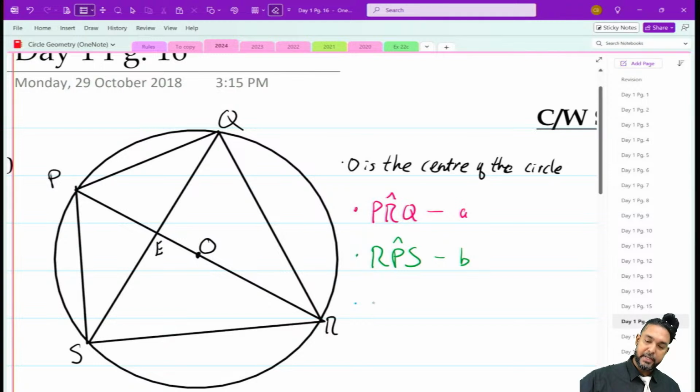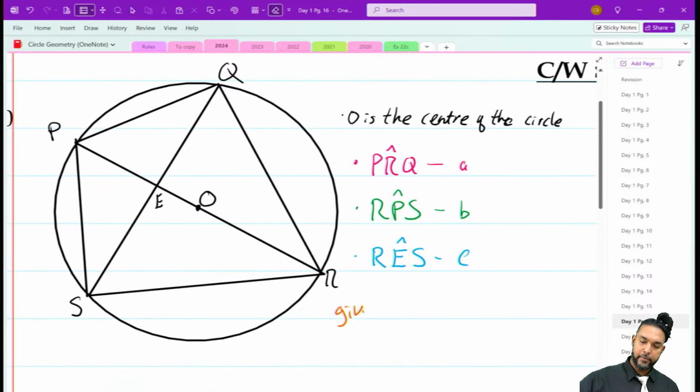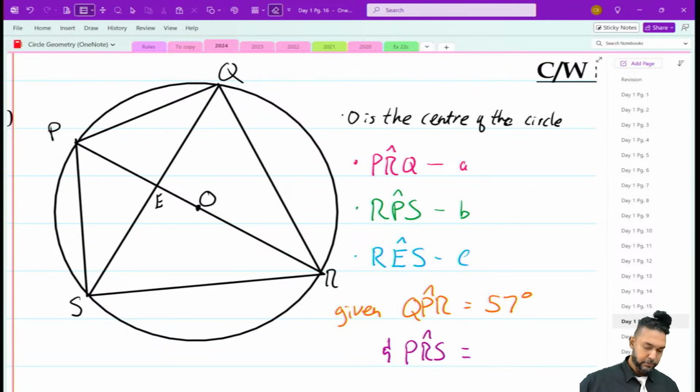We have to find RES, which we will call small c. And we are given QPR, 57 degrees, and PRS, which is 29 degrees.